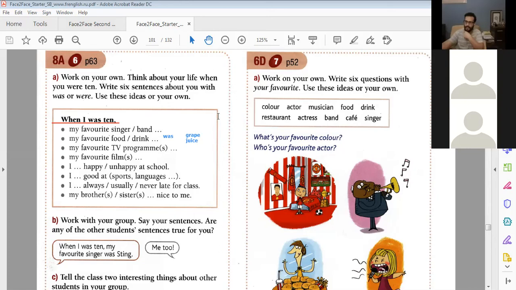I was good at sports. I was never late for class. My brothers and my sisters were nice to me. Excellent. Very good. So Numita told us about her childhood. Very nice. Okay, Basma, are you back?